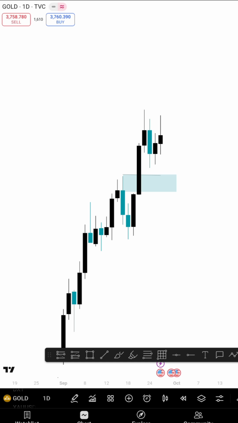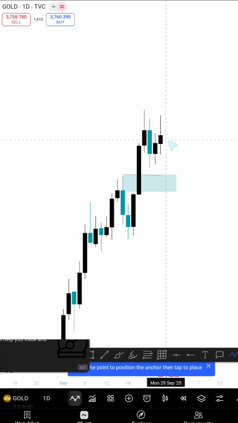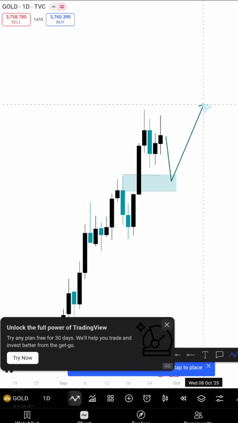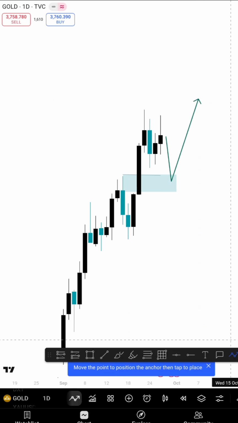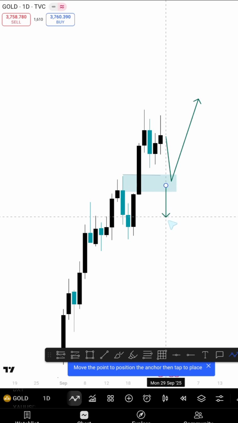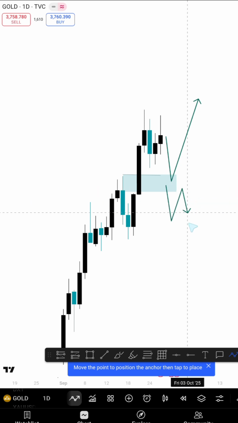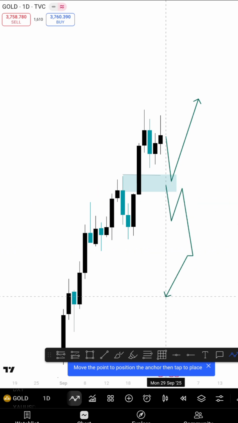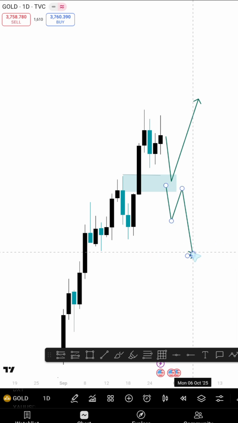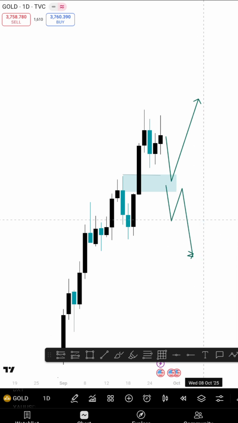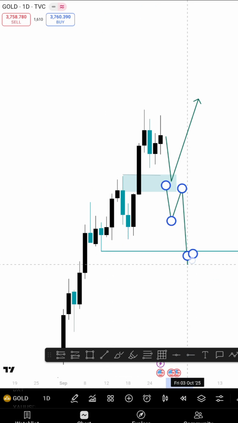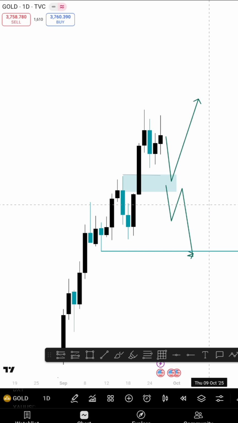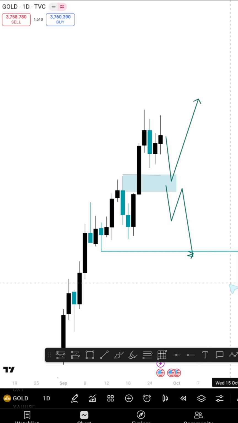I want to see us get a tap into this zone, then a break of structure, or we invalidate this, come here, pull back, and then we take both out. Sorry about that. It invalidates this level and we take both out and start the reversal. This is what I would love to see on the daily.